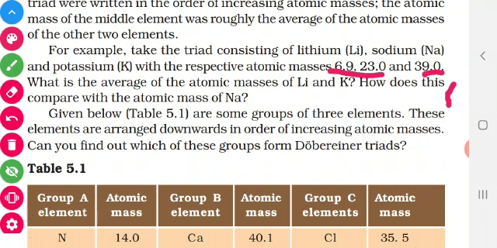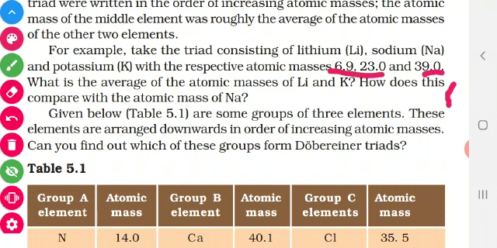How much are we getting? 45.9. So how many elements are there? 2 elements. So it has to be divided by 2. So what is the answer we are getting? 22.95, which means approximately 23. Is it coming or not?